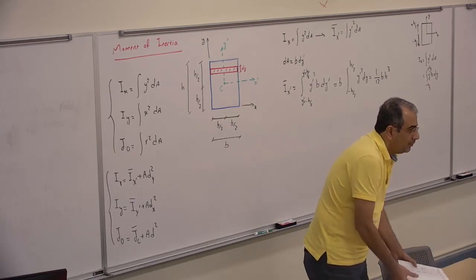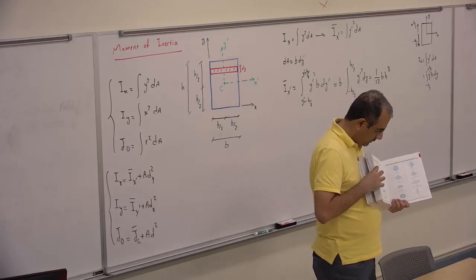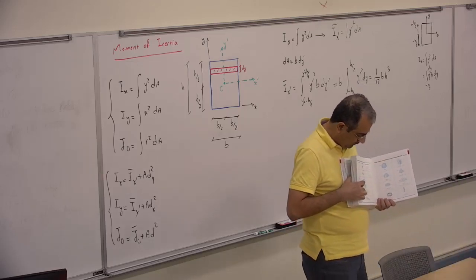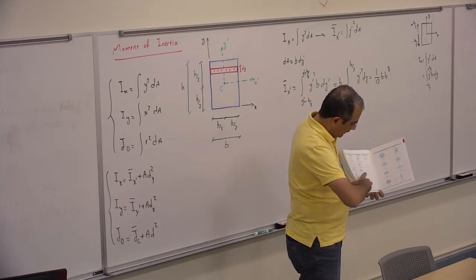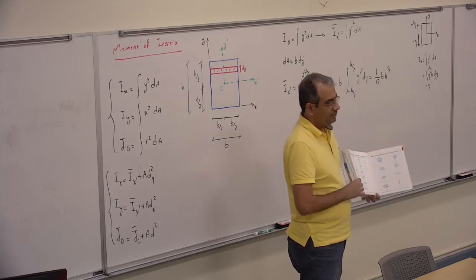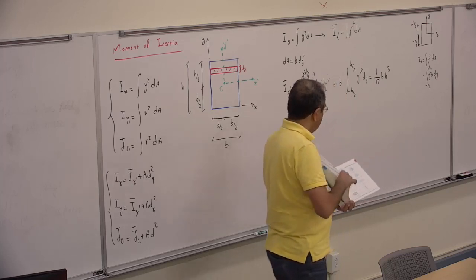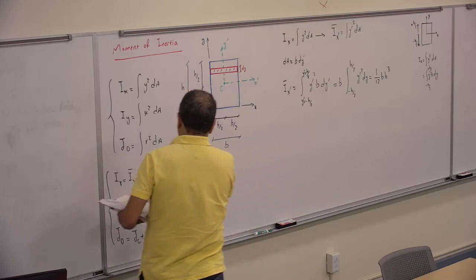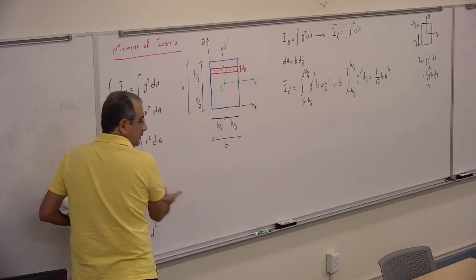So if you go to the back of the book and look here, it calculates the I about the x as 1/12 of bh cubed. Usually that's why I said the I about the axis passing through the centroid is given to us.